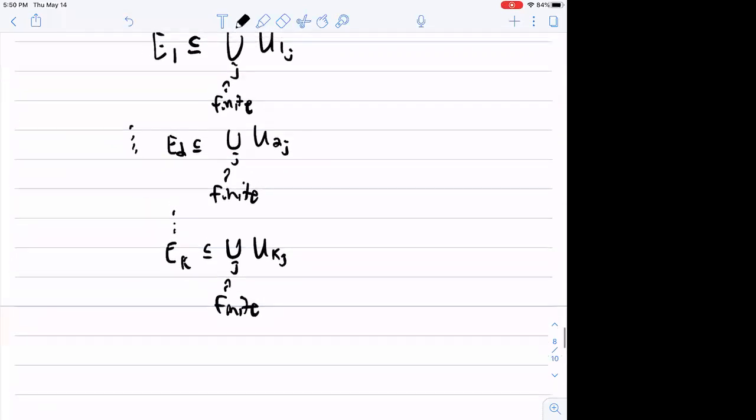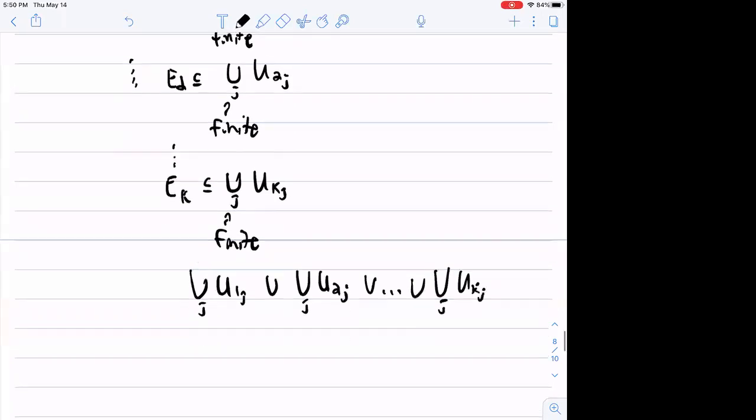So what is your finite subcover? Well, each one covers each component. So you have the union over j of U_1j, the union over j of U_2j, up to the union over j of U_Kj. Yes, this is what I mean by I'm really bad with notation. This covers E, right?